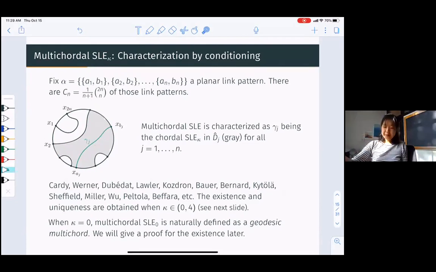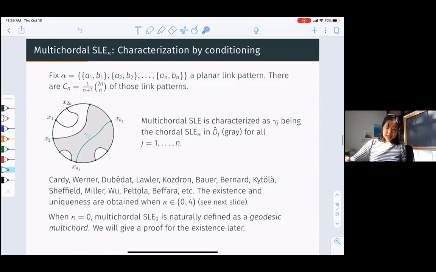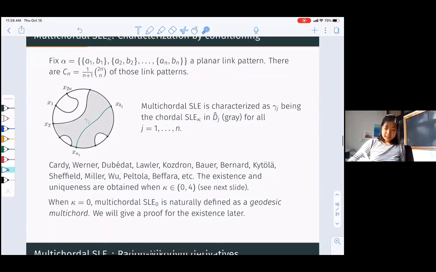It has been studied by many groups of people, and the existence and uniqueness of this law, which is defined by this characterization, are obtained for kappa belonging to (0, 4).